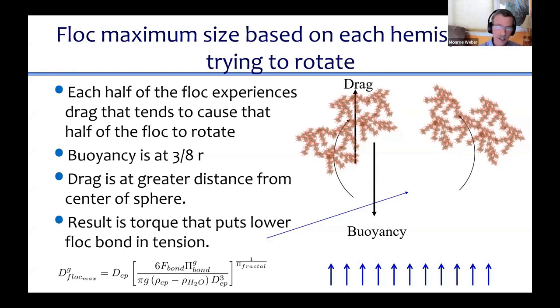Here I have the equation at the bottom again for what the diameter of that flock is. You could also solve for the terminal velocity of that flock. And you know what that means? It means that there's a maximum terminal velocity for flocks that you can get as a function of what the flock is made of, like how dense its core particle is.